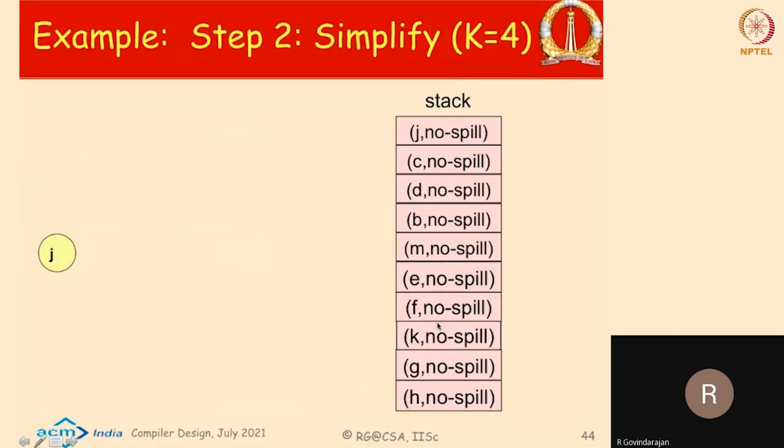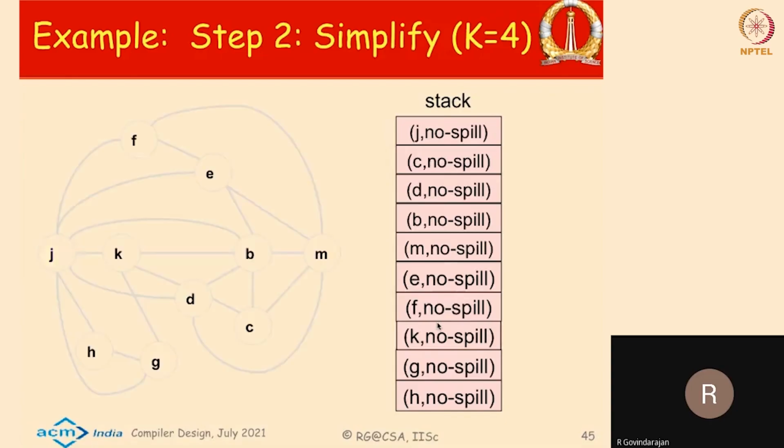Okay, now how do we color this? We start coloring this in the reverse order. So this is the original graph. I have shown all the edges in a light color. And as we keep introducing these nodes back, you will see that those edges are also going to be introduced.